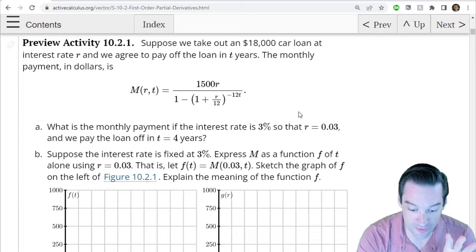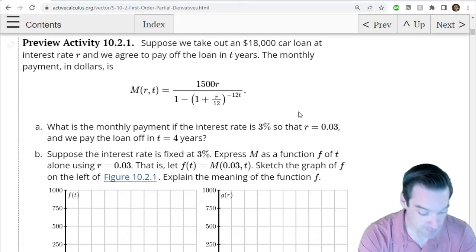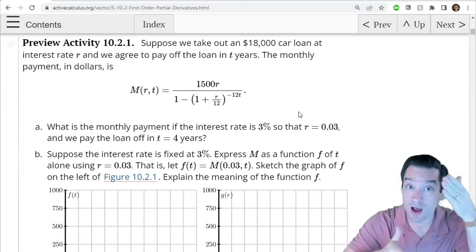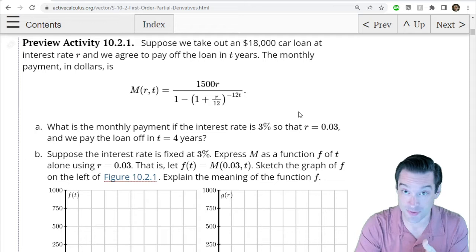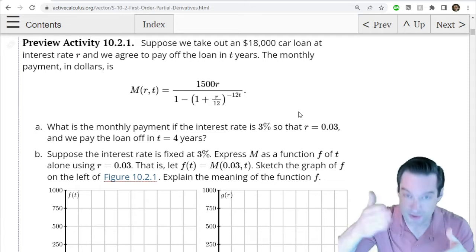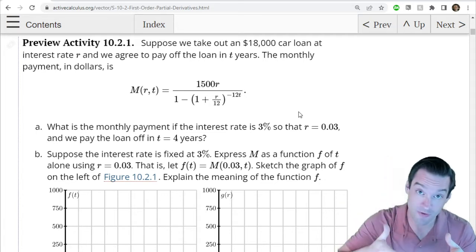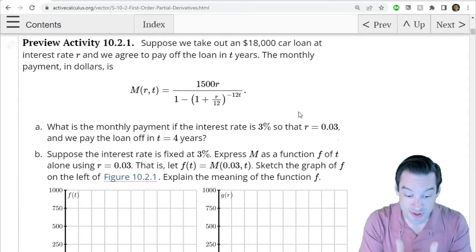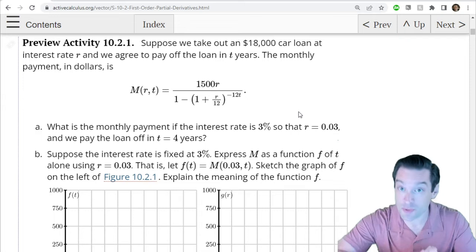And so what this preview is having us do is think about what it should mean to take some traces of the graph of this function. In other words, when we take a trace, remember we're intersecting the graph of a function with a vertical plane. And a vertical plane in xyz space is just taking either x or y and setting it equal to a constant.